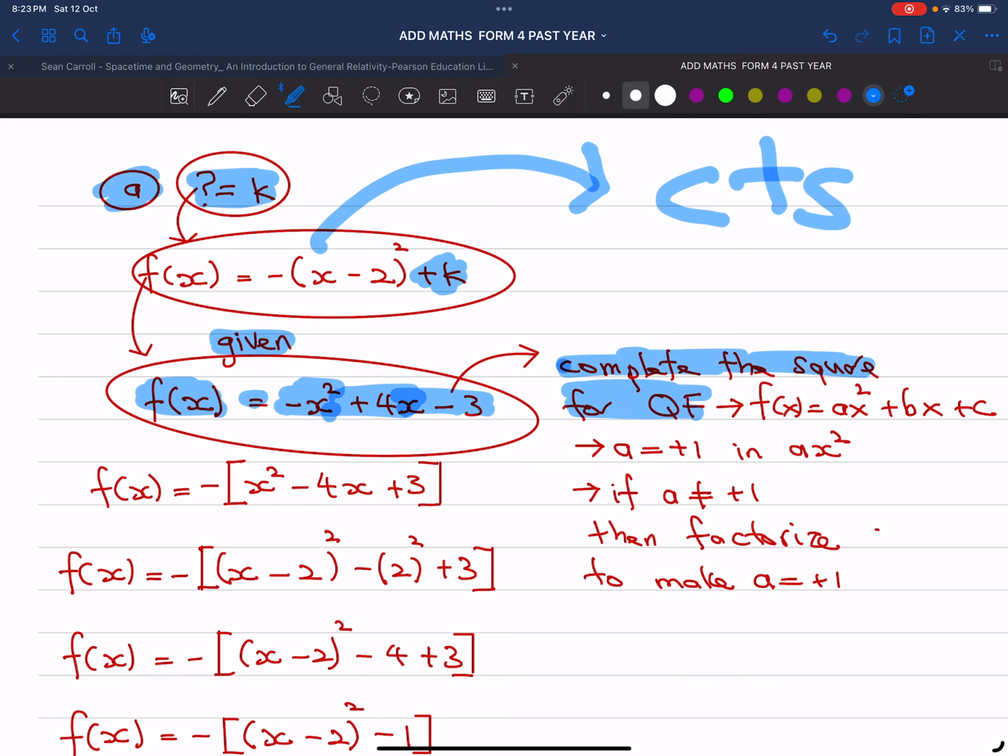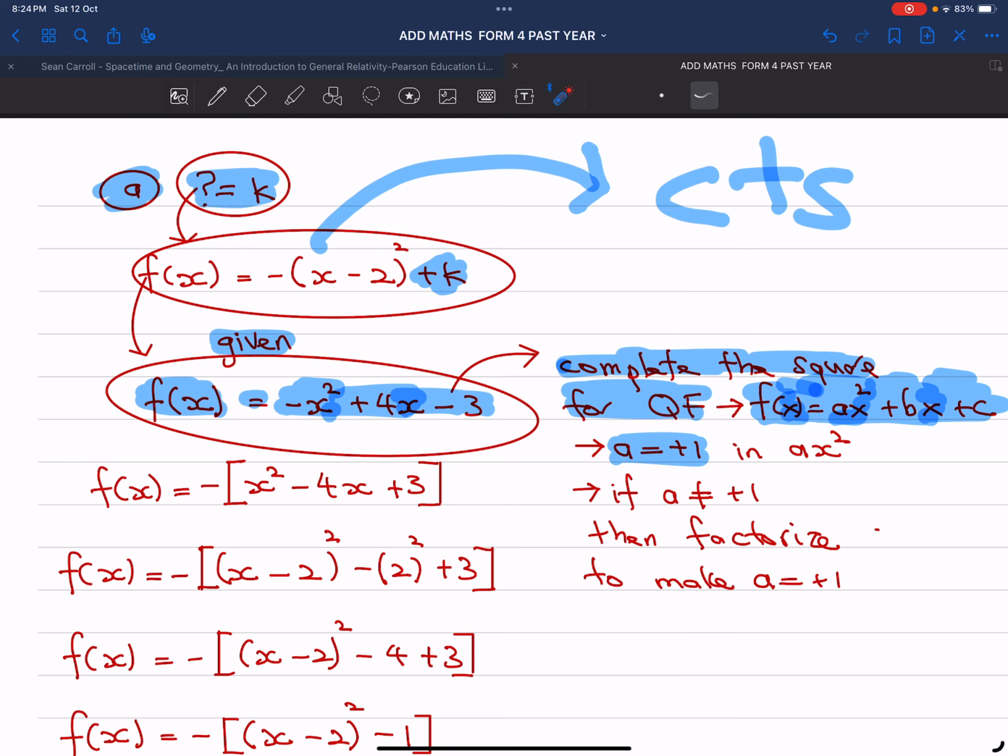Now, a quadratic function is f(x) equals ax squared plus bx plus c. And if you want to complete the square for a quadratic function, the a must be positive 1.